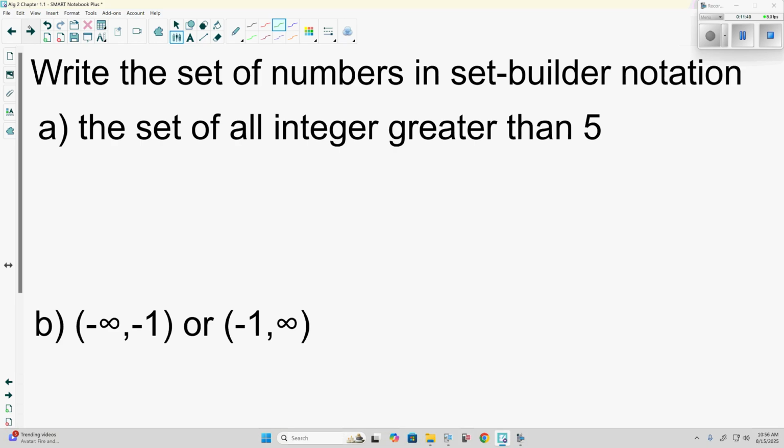Now, if we look at A, the set of all integers greater than 5. The set of all integers tells us our group, what type of numbers we're talking about. The description, greater than 5. Okay? Now, our greater than 5, we do need to write it as an inequality. So we'll use x, because x is our normal variable.